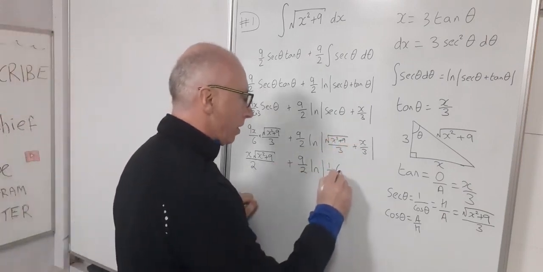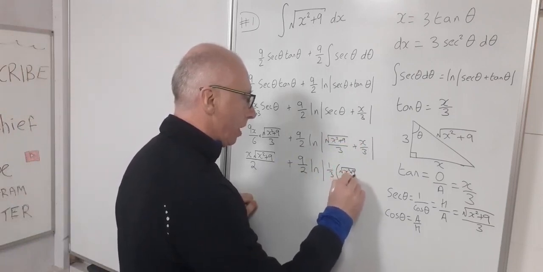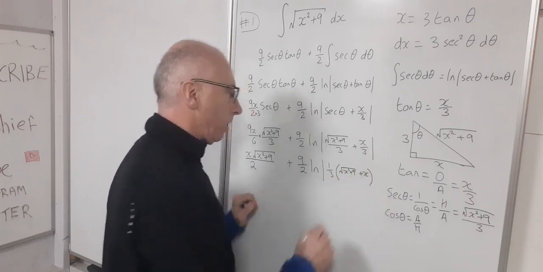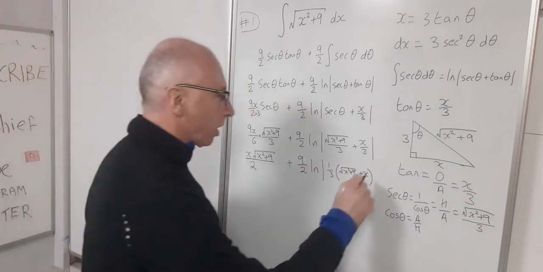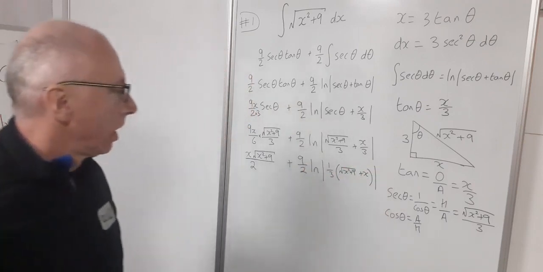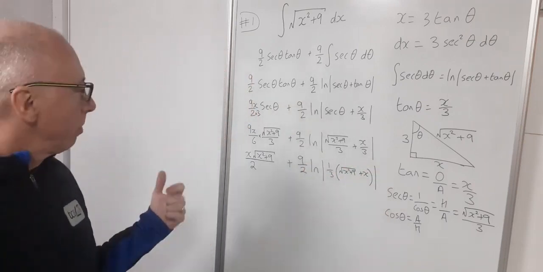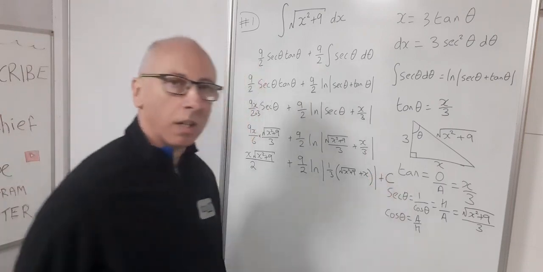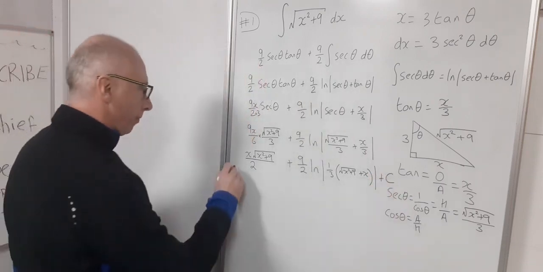So now I'm going to write this as the square root of x squared plus 9 plus x. And then that takes care of all of that. And then now I can close off my absolute value. And then all you do now is put my plus c. So if I put plus c there, I'm happy with that as my answer.